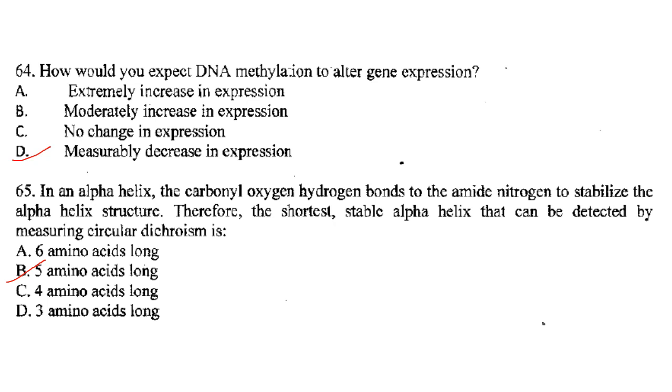So alpha helix, they told that it is stabilized by hydrogen bond between an amide hydrogen of one amino acid and a carbonyl oxygen of another amino acid, which is 4 amino acid residues away. So the shortest stable alpha helix that can be detected by measuring circular dichroism is 5 amino acids long. Answer is option B.